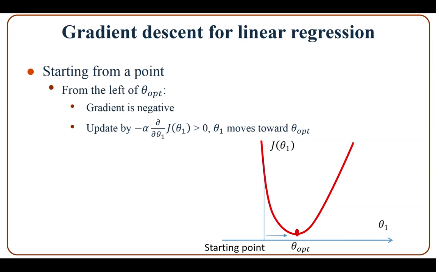Now let's say we start from a point to the left of theta opt. Then you can see that the gradient on this side is negative, and the update by negative alpha times the partial derivative of the cost function with respect to theta 1 is positive.